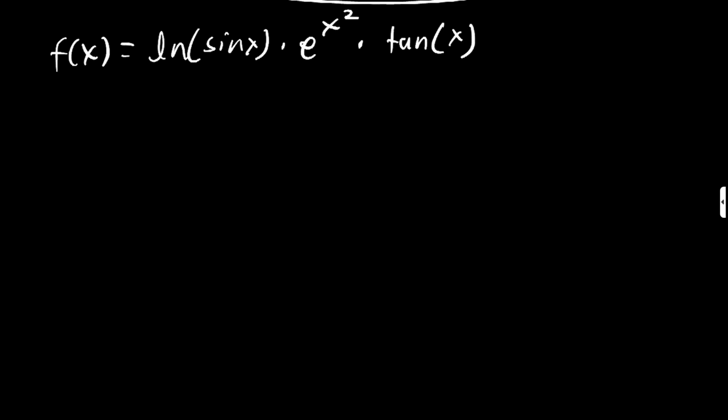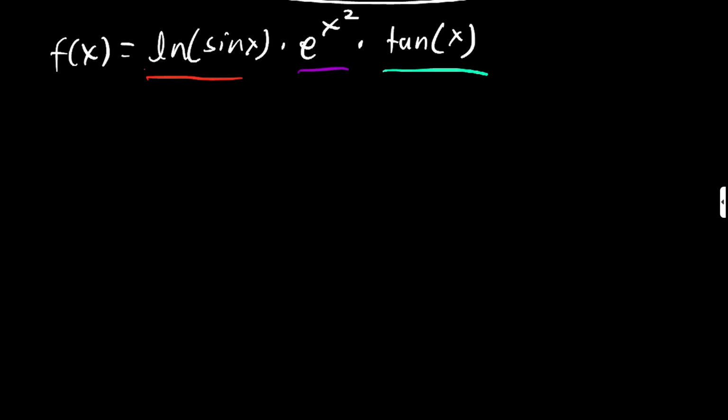So let's say I have a function: ln of sine x times e to the x squared times, let's say 1 over e to the x squared, and let's say the tangent of x. So if I ask you to find f prime, we're going to do the same thing. Color these guys up and take it one by one.